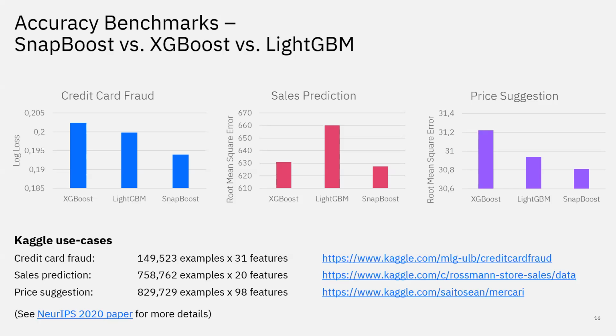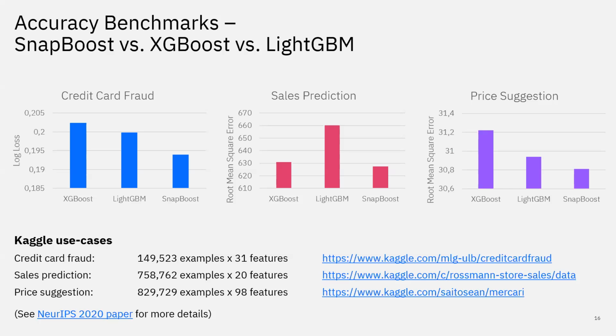In this case, the 3 use cases we looked at were credit card fraud detection, and then a retail data set where the goal is to predict the sales volume of different stores. And another is the Mercari price suggestion, where you want to predict the optimal price for different products based on characteristics and customer preferences and so on.